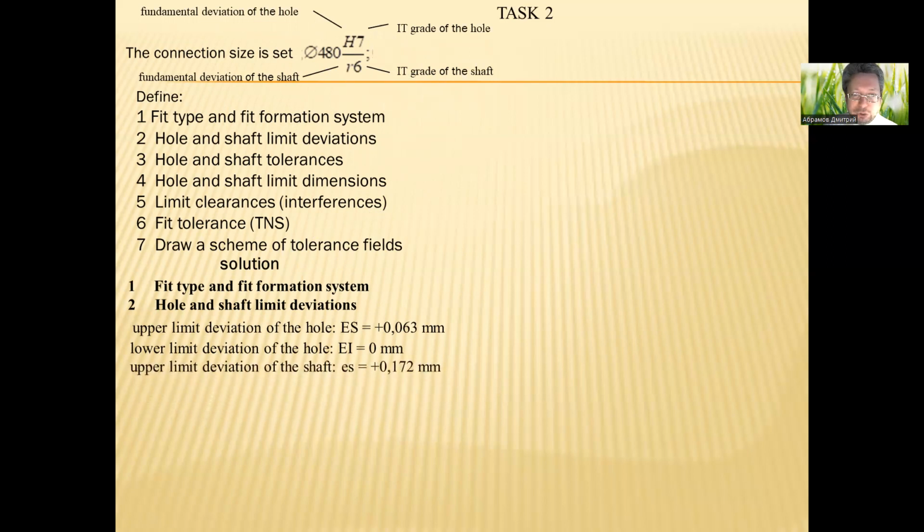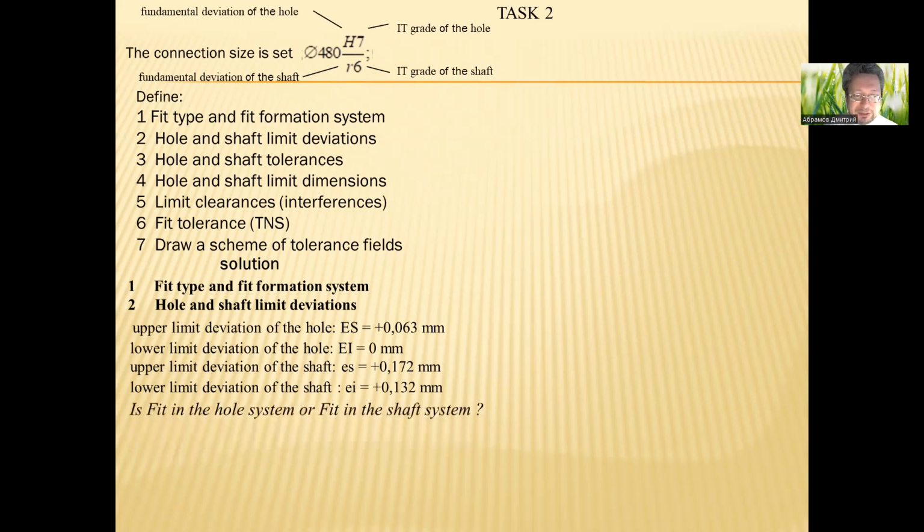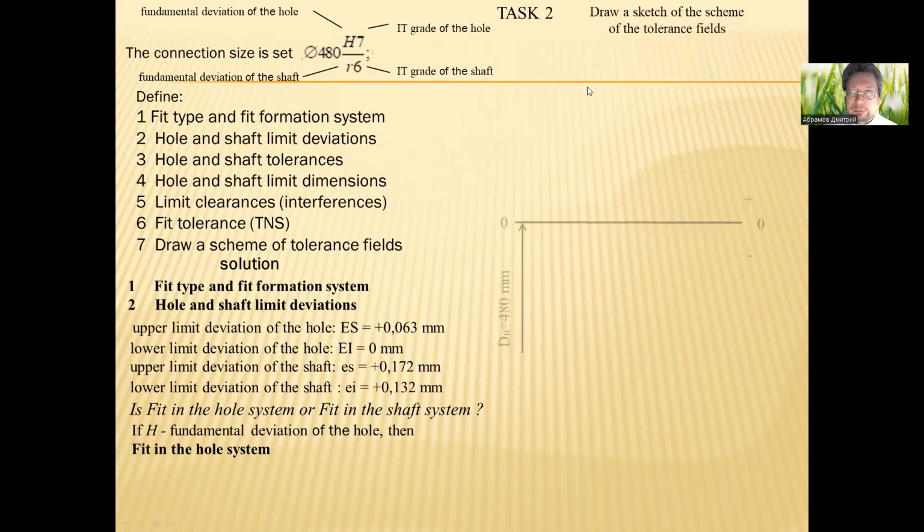Upper limit deviation of the shaft, small es, is equal plus 0.172 millimeters. Lower limit deviation of the shaft, small ei, is equal plus 0.132 millimeters. Is the fit in the hole system or in the shaft system? If H is the fundamental deviation of the hole, then the fit is in the hole system.